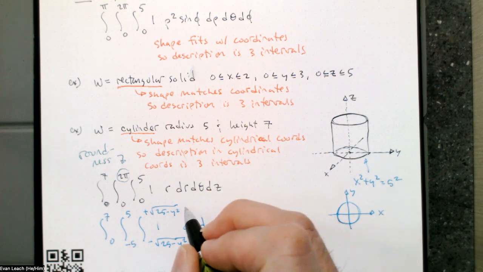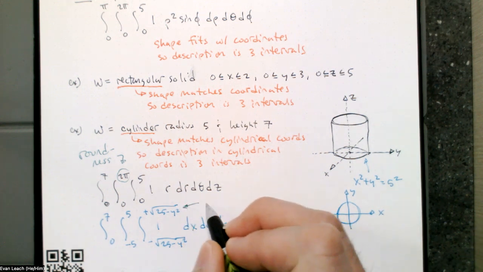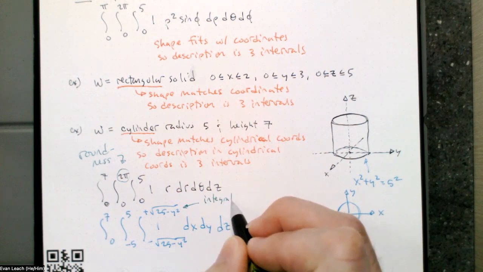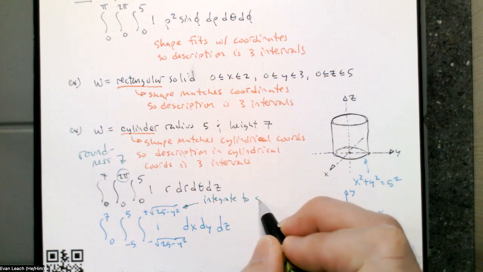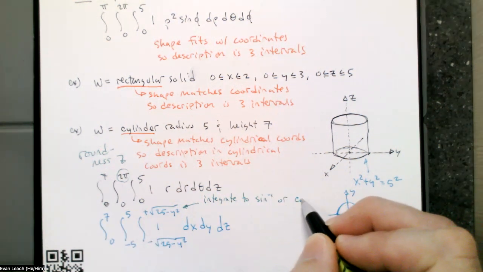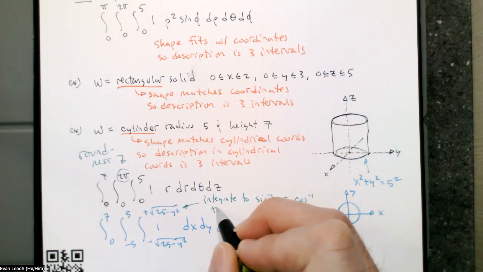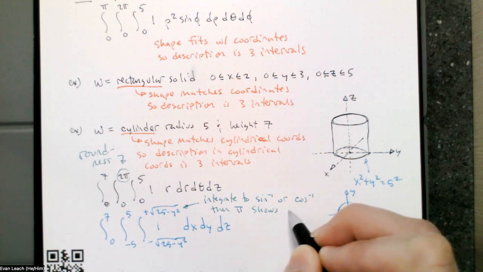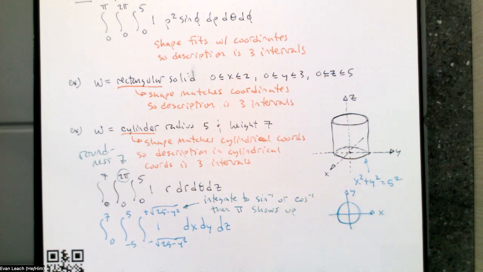So here is where our roundness will show up. Questions?